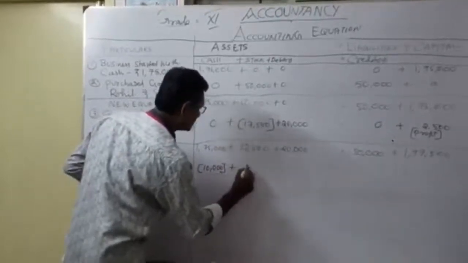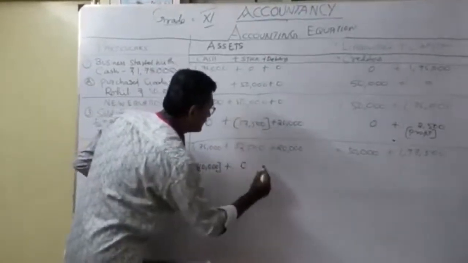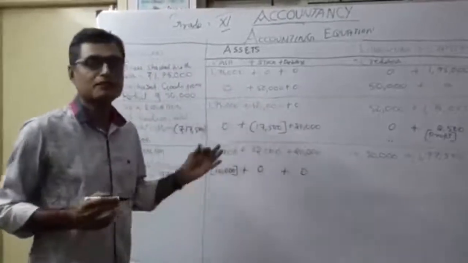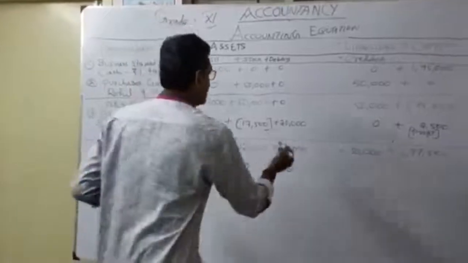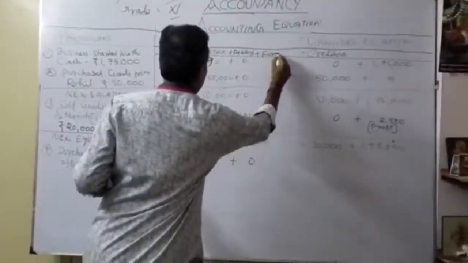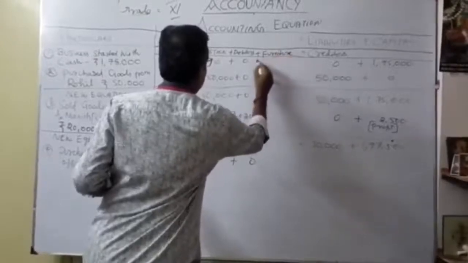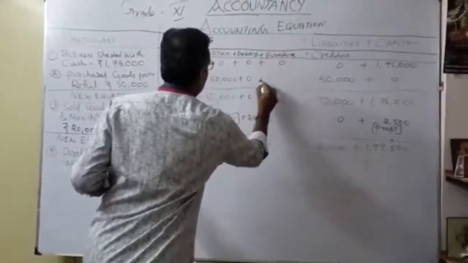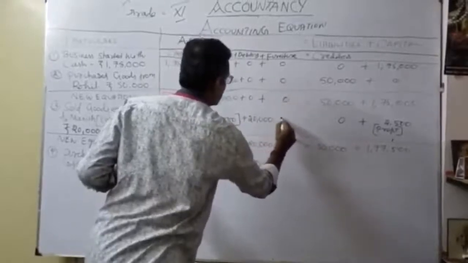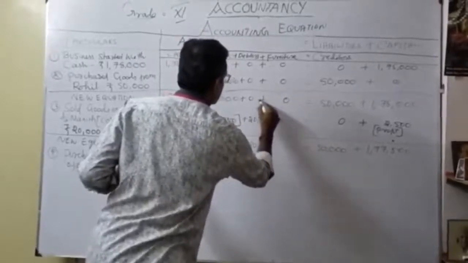Okay, then it is not considered as stock. It's not considered as debtors, but where I want to show it is furniture, correct? So it is an asset. See here, I put furniture. Okay, so here again 0, again 0, plus again 0. Then only you can understand very clearly.